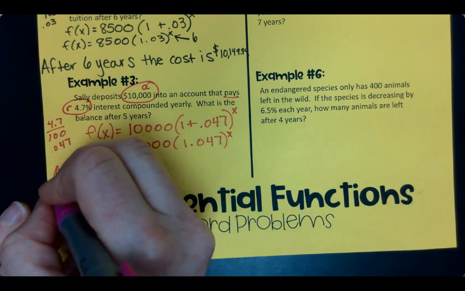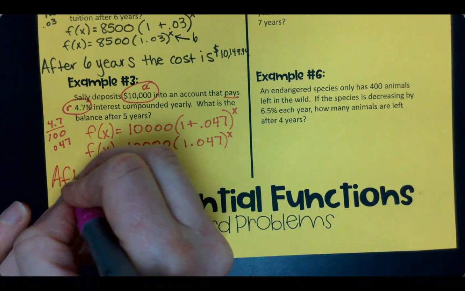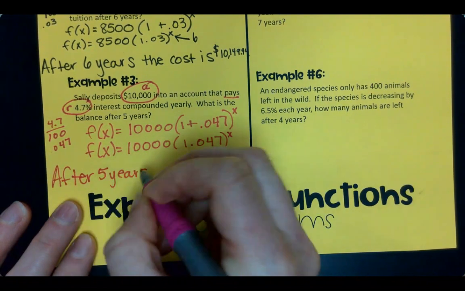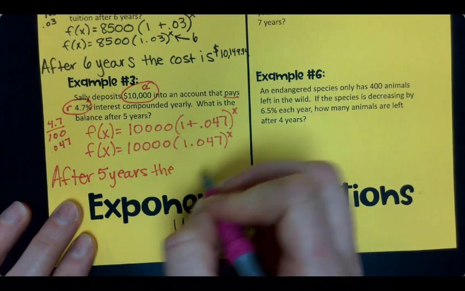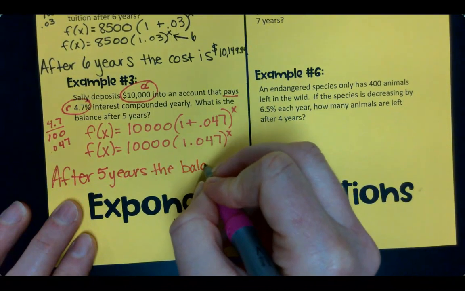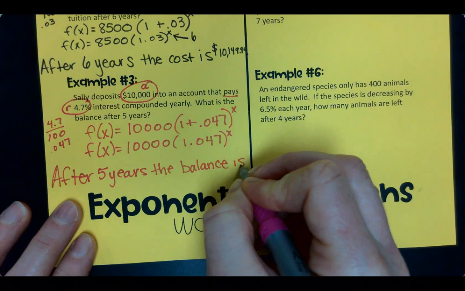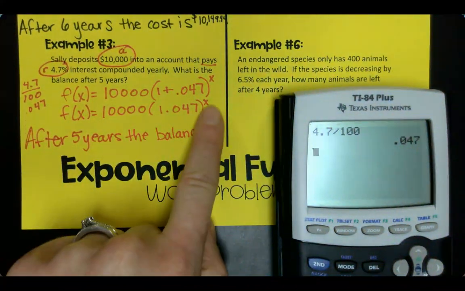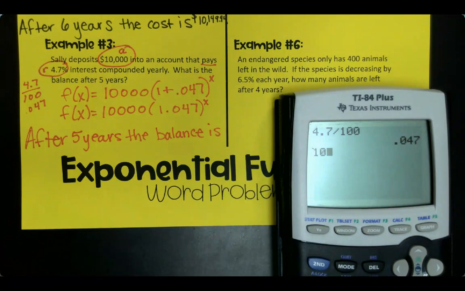So I'm going to start my sentence. After 5 years, the balance is, we're going to plug in 5 for that. So 10,000 times 1.047 raised to the 5.